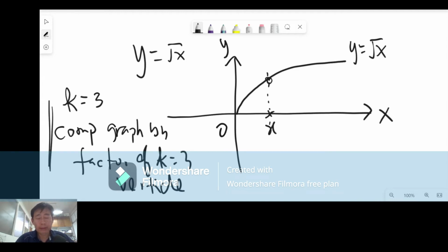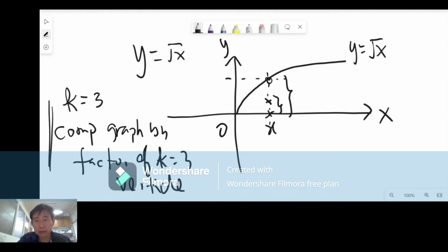When you compress the function by a factor of 3, what you mean is that you take the value of y at this point and you compress it by a factor of 3, meaning you would translate it to another point which has a value which is 1/3 the original value. So if you compare this value and this value, the ratio would be a factor of 1/3.